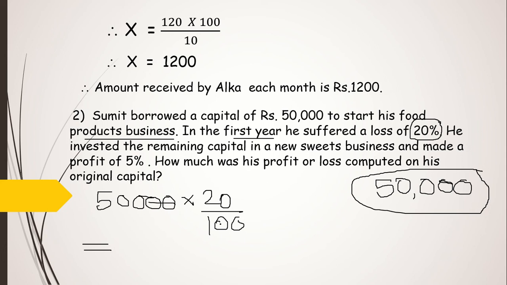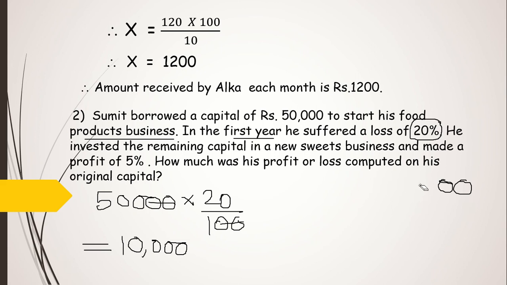The 2 zeros go, these 2 zeros will go. 5 2s are 10. So his loss in the first year is rupees 10,000. His loss is rupees 10,000.